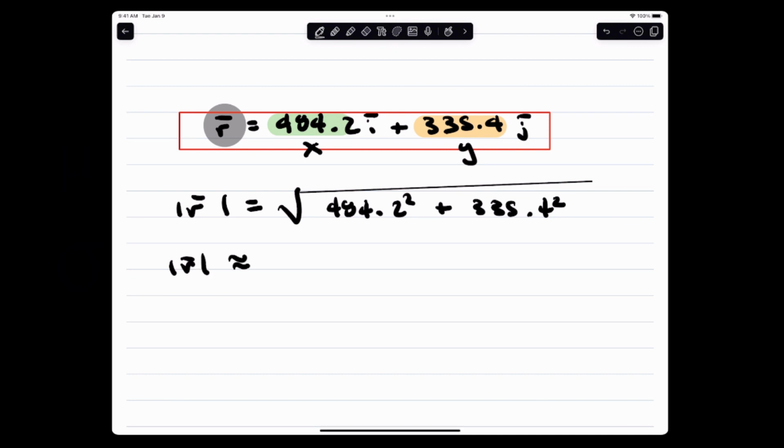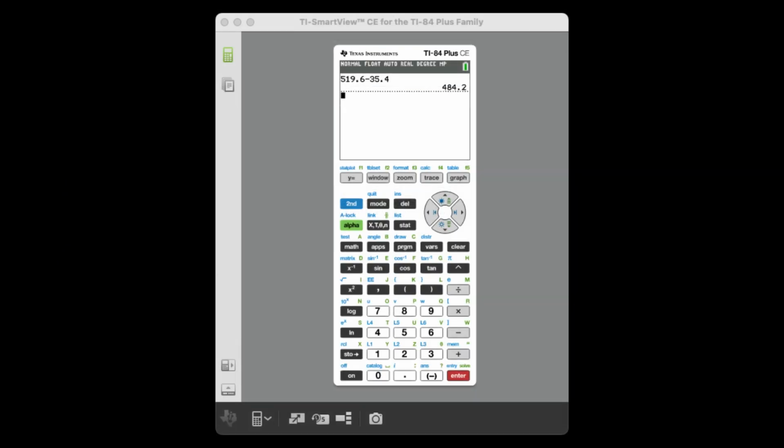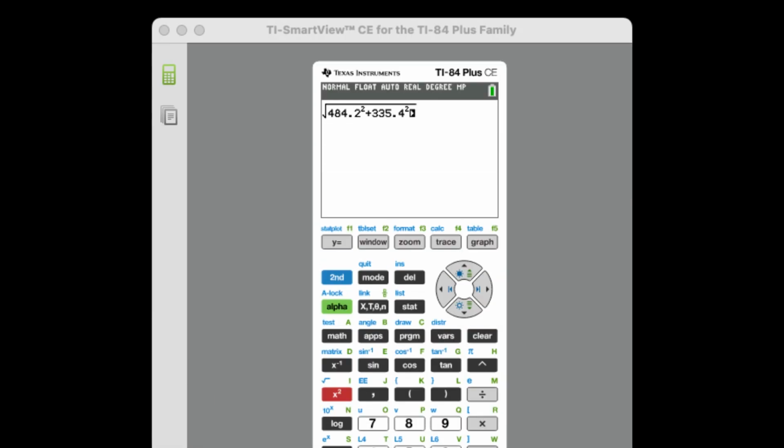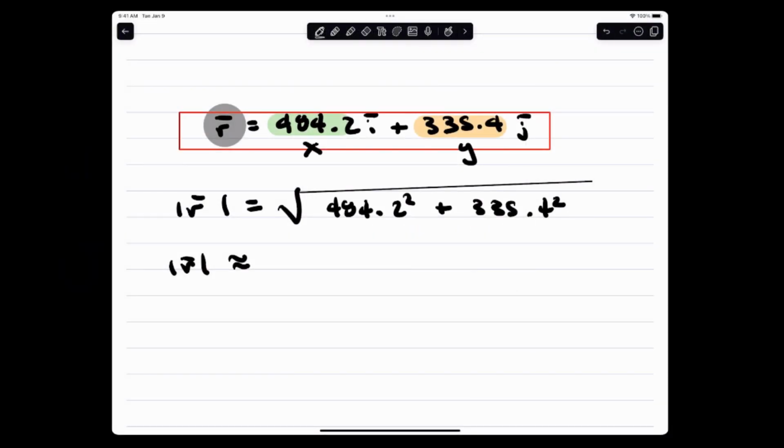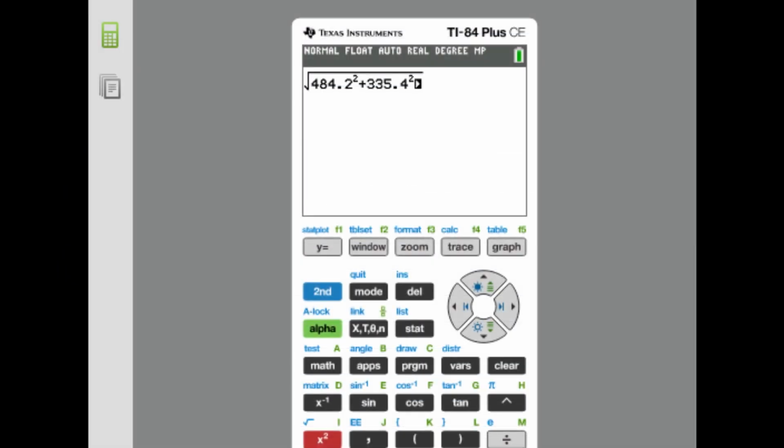And let's go to the tenths. What do you guys think? You guys ready? Here we go. Second square root 484.2 squared plus 335.4 squared. Do we enter everything okay? Could you guys see that? So double check, right? Do we have everything okay? 484.2 squared plus 335.4. Is that right? You guys see it? All right, here we go.